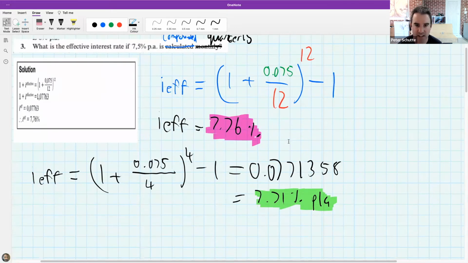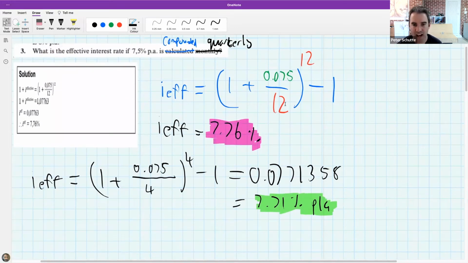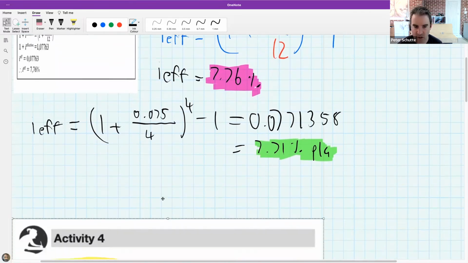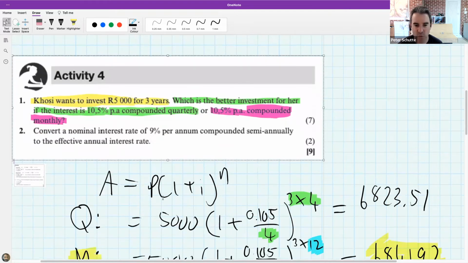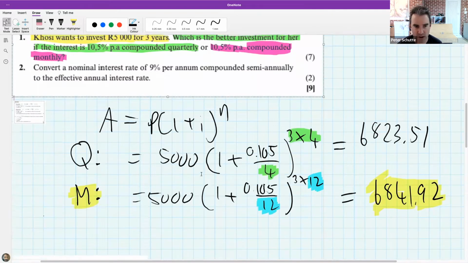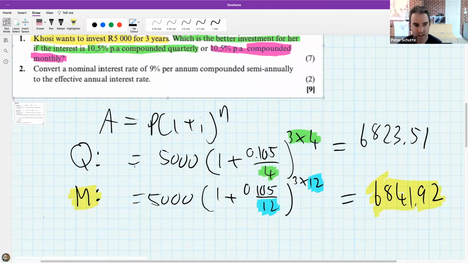Let me just go back for a second. The pink one was higher because you were chopping it up into months, whereas the green one was chopped up into quarters. And so if we had to work out the effective interest rate for each of these 2 options, the monthly one would have a higher effective rate. And that's why you end up with a higher amount of money.